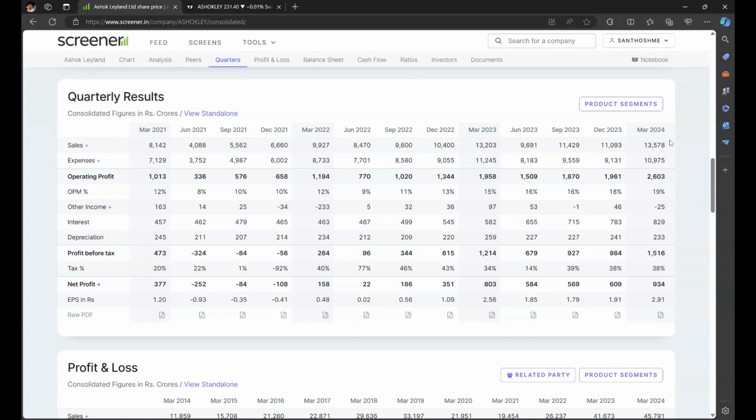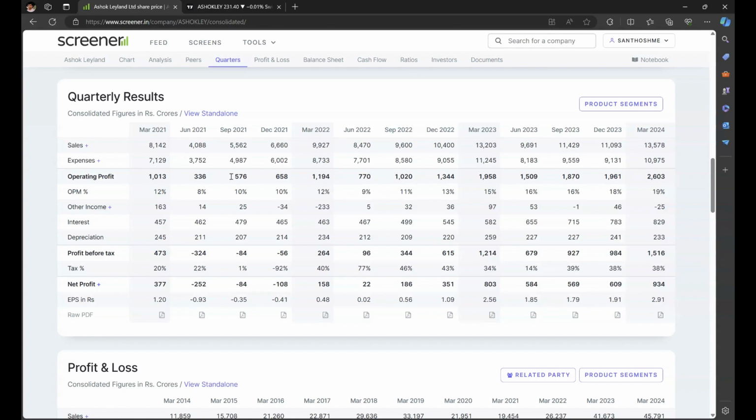Now the second thing I will look at is the profit trend, because even if the sales are consistent or increasing, there is a chance that the operating profit is not following the same trend because of the expenses, right? So here again I am seeing a consistent or improving trend, especially starting from here, right?